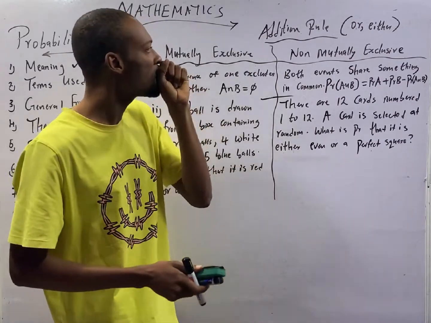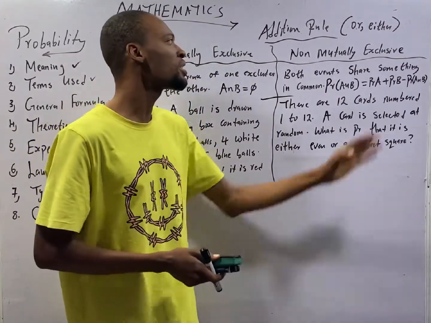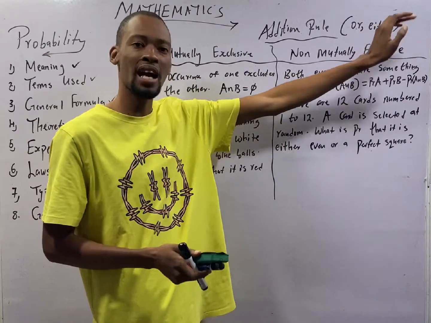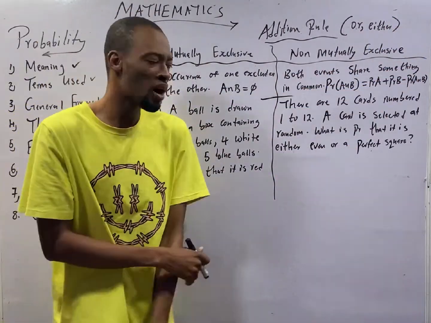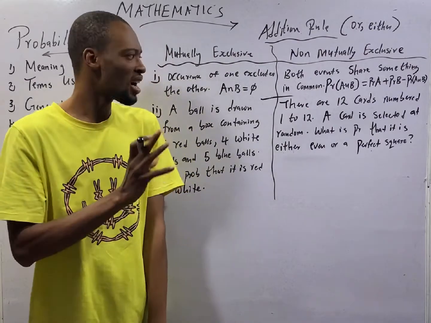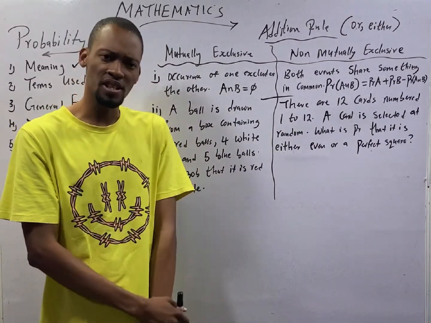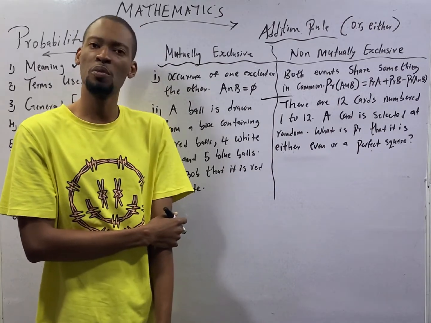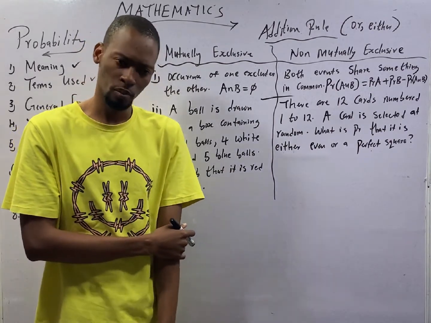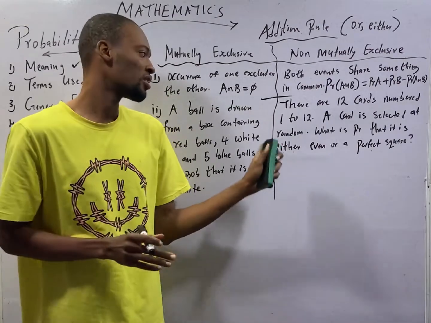So, if in a probability question you see or, or you see either, don't just rush and add and say, wow, I've passed. No. Ask yourself, are these events mutually exclusive or non-mutually exclusive? Enough of the talk. Let's do something.